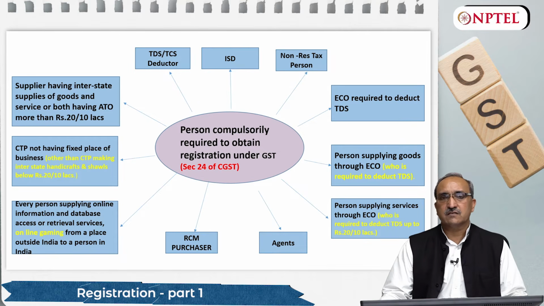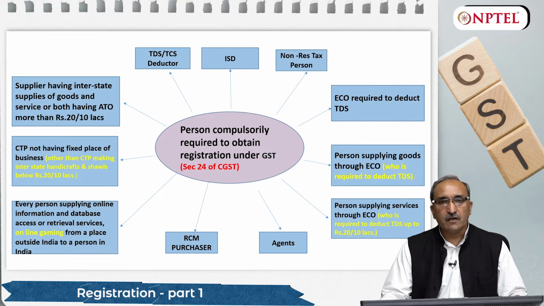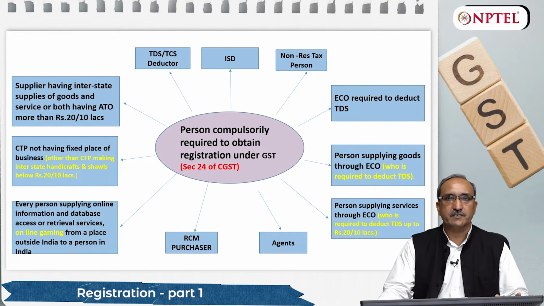So all these e-commerce operators, they are supposed to obtain GST number, and also it is mandatory for their vendors to obtain GST number. So meaning thereby, if any person wants to sell his product through an e-commerce operator, this vendor may be having turnover of rupees 5 only a year, he has to obtain GST number, otherwise he cannot sell his product through an e-commerce operator.